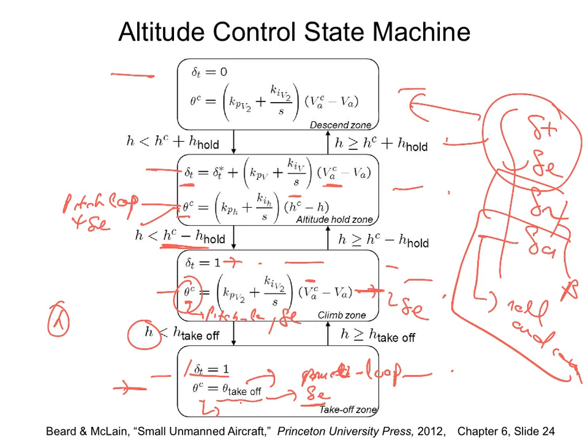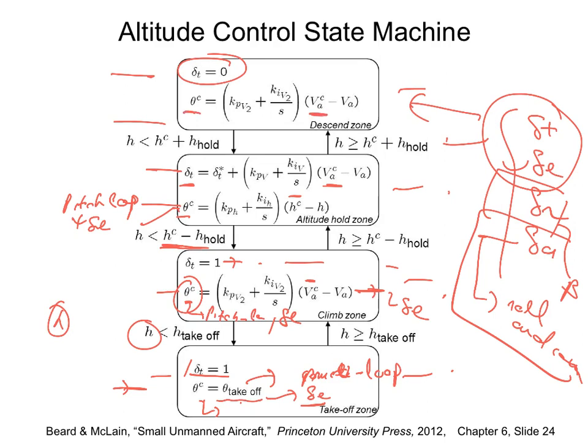In the descent zone, if you want to land your aircraft, you cut the throttle to 0 and you control your VA commanded using theta.